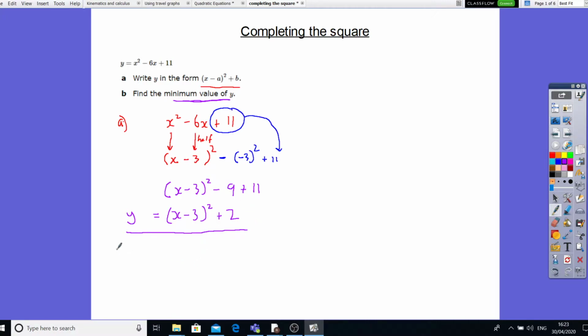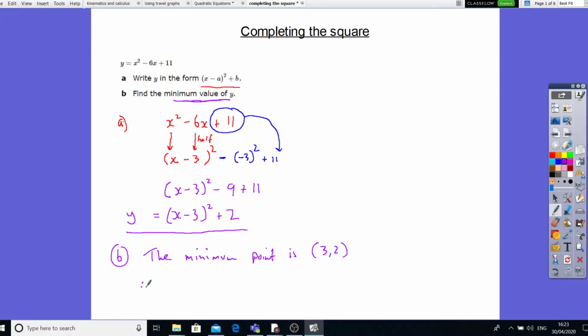So first of all, for part b, you can say the minimum point is when x equals 3, y will equal 2. Now that is a minimum point. However, it's actually the minimum value of y.